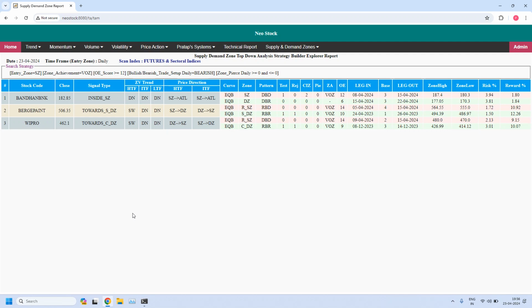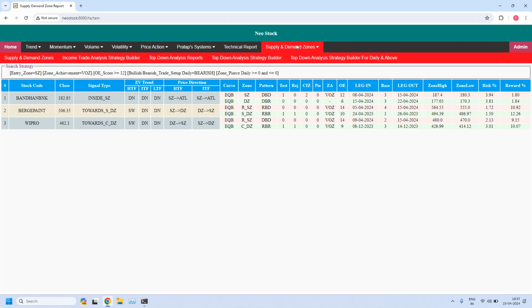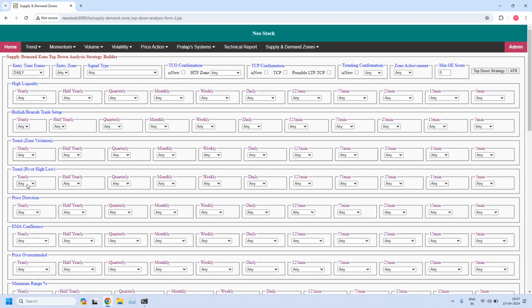Now let us generate bullish and bearish trade setup for weekly income trade. For weekly income trade, entry time frame is 75 minutes. And bullish trade setup entry zone should be demand zone. And also in the bullish bearish trade setup parameter, this time in 75 minutes time frame, you need to select bullish.